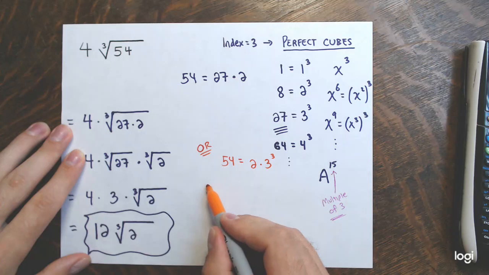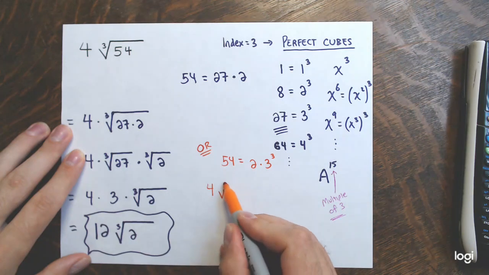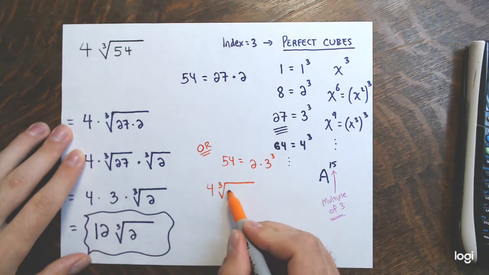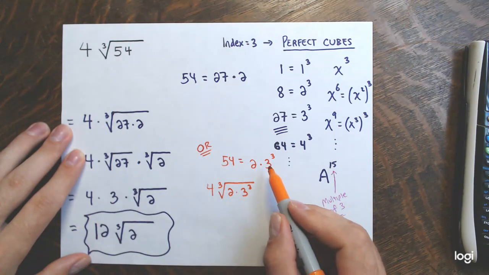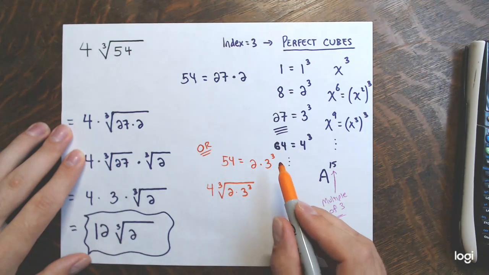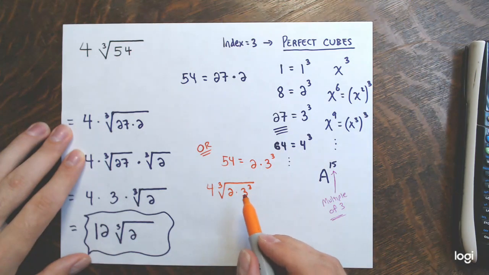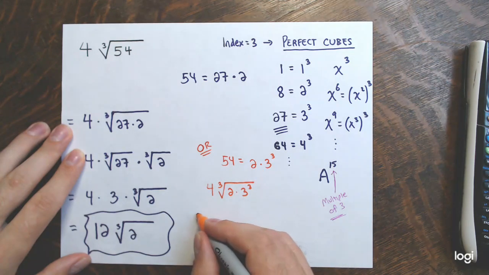So then we'd have 4 times the cube root of 2 times 3 cubed. This is a perfect cube, right? It's got an exponent that's a multiple of 3, to the 3rd power. So I've got a perfect cube and then a non-perfect cube, right? 2 to the 1st. And then break this up.